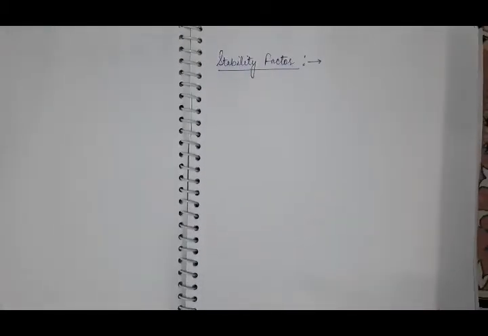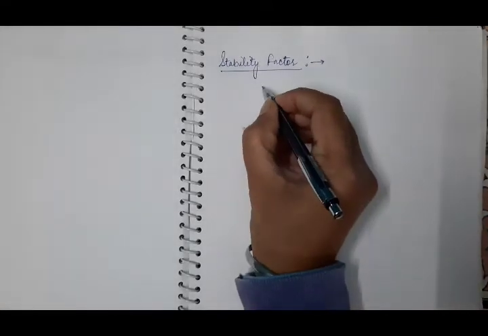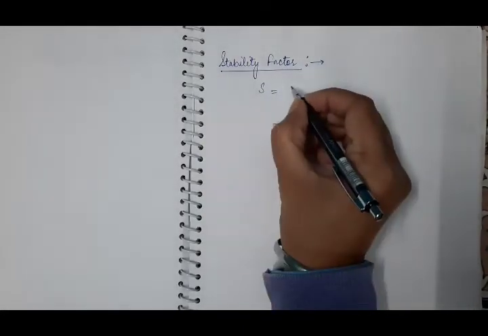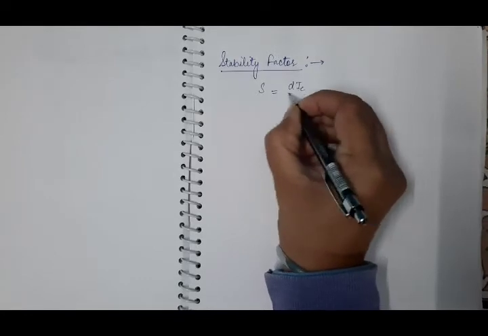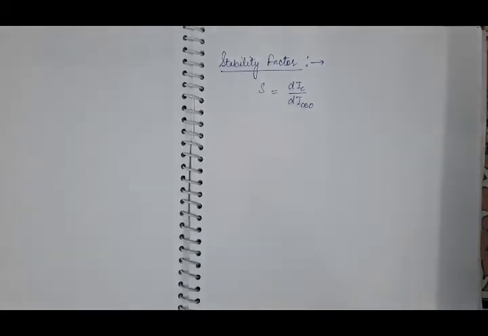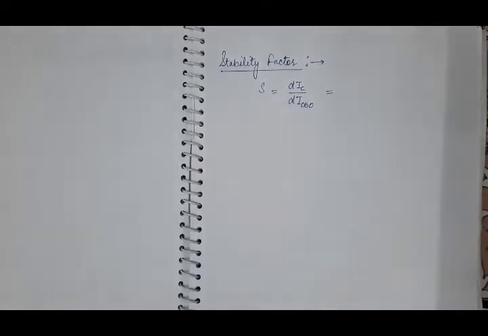In the general expression of the stability factor, we have derived that this stability factor S, initially according to the definition, was equal to the ratio of change in collector current to the change in leakage current. But then we derived the general expression of stability factor in common emitter configuration, because we are using all the transistors in common emitter configuration in case of transistor biasing because of its large current gain.